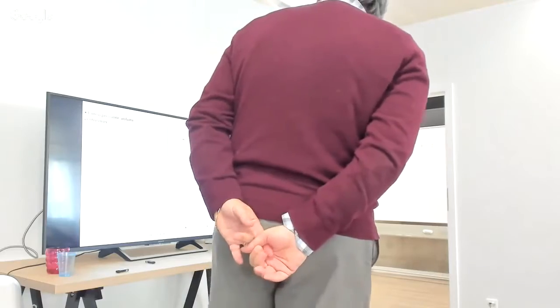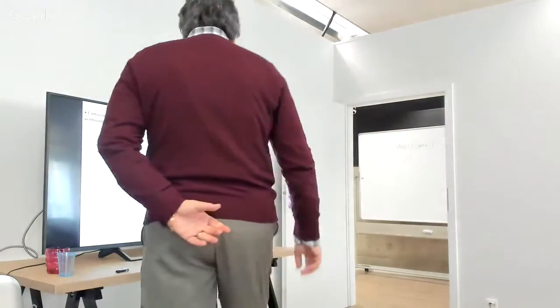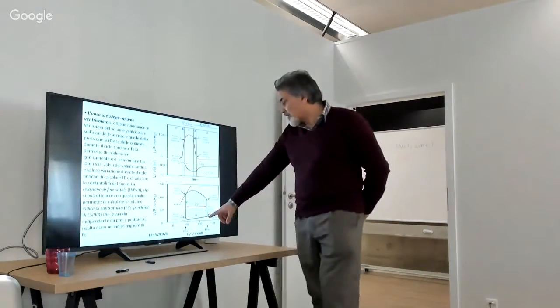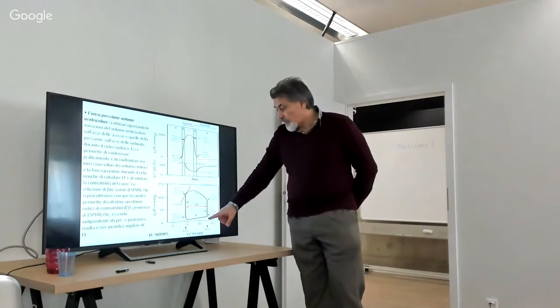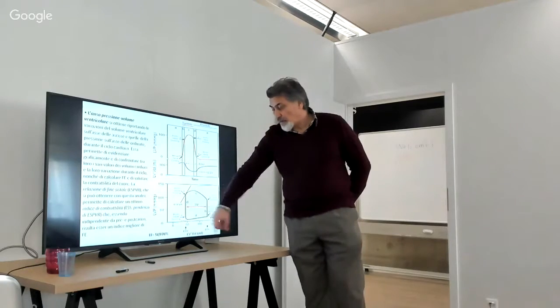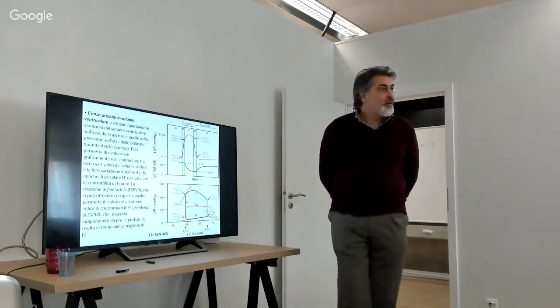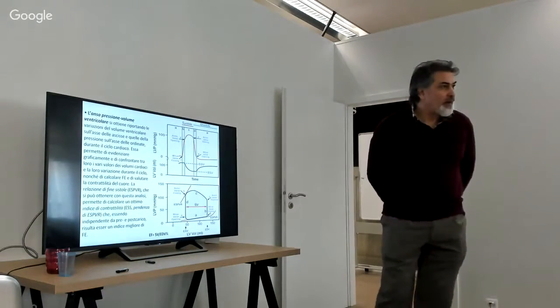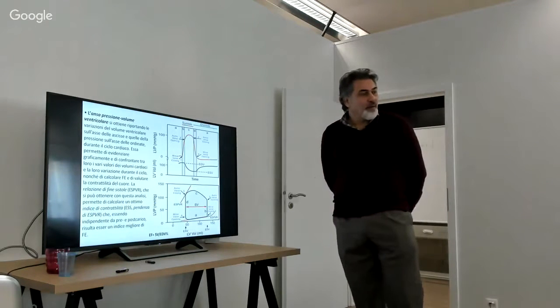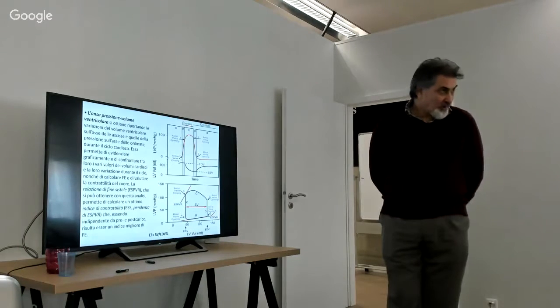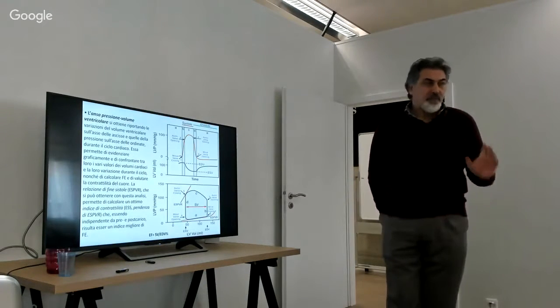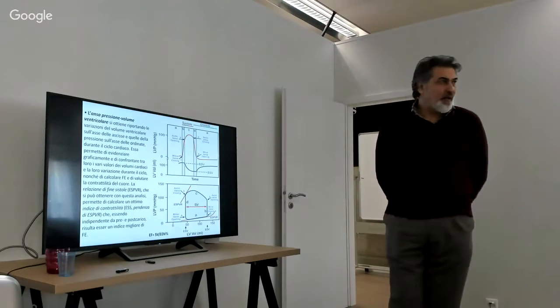Si può calcolare la frazione di eiezione, perché se noi calcoliamo end diastolic volume meno end systolic volume, 130 meno 40, in questo caso fa 90, e io so che lo stroke volume, la gettata sistolica, è 90.